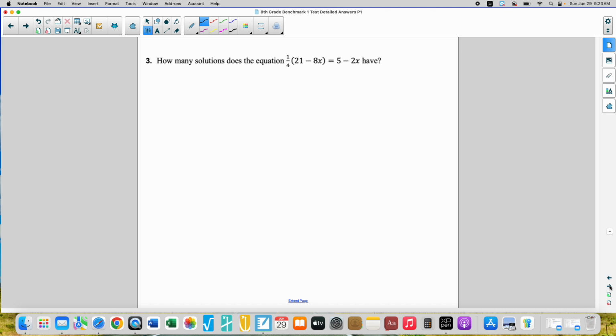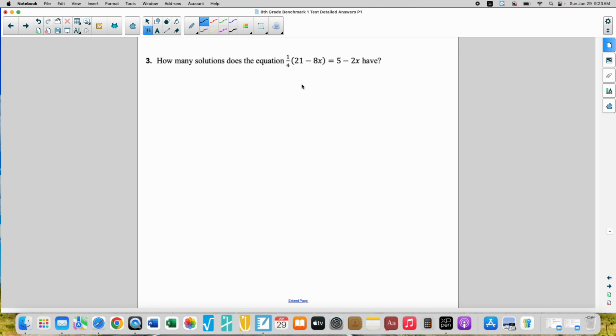Number 3, how many solutions does the equation 1/4 times the quantity 21 minus 8x equals 5 minus 2x have? Well, what they're asking is, does the variable cancel out or not? So if we simplify this and the variable cancels out, you will have just a number statement, and that number statement will either be true or false.